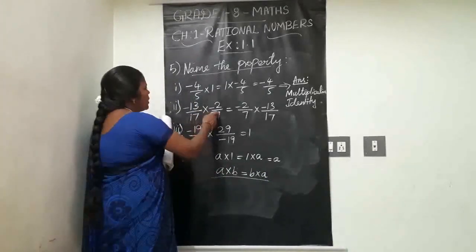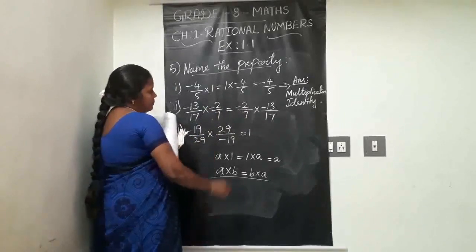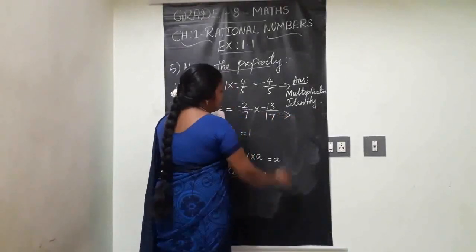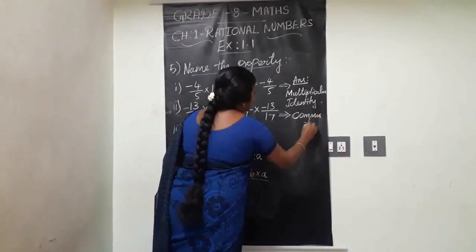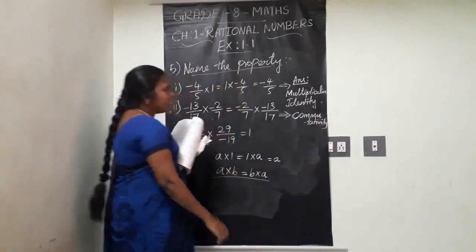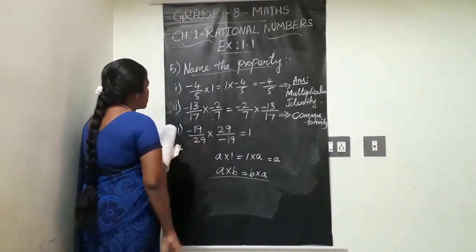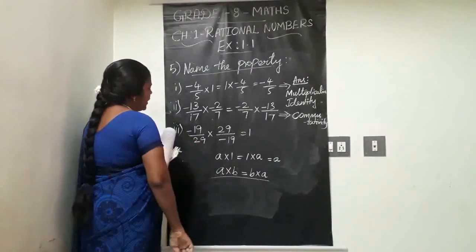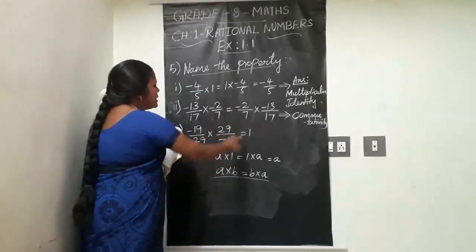Only the two numbers changed places in the multiplication. So which property name will we write here? Commutativity of multiplication.